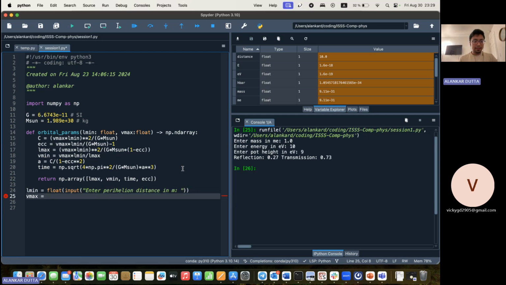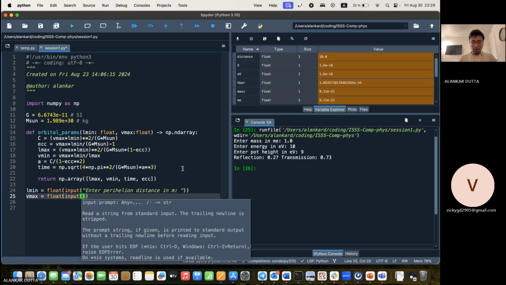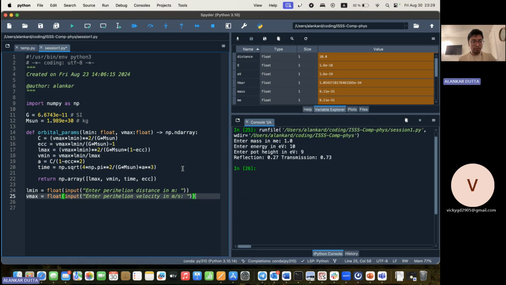And then similarly float input: enter perihelion velocity in meters per second. These are the two things that we will put in, and then orbit is equal to, we will call orbital params.